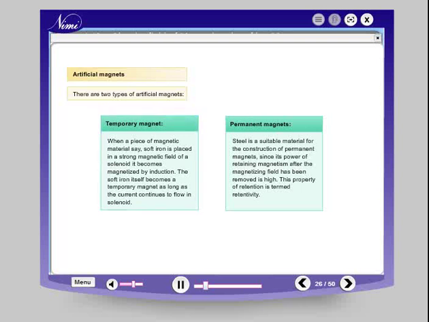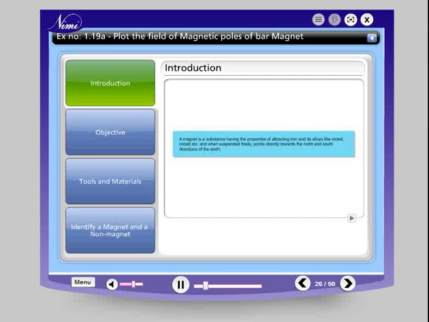The soft iron itself becomes a temporary magnet as long as the current continues to flow in solenoid. Permanent magnets. Steel is a suitable material for the construction of permanent magnets, since its power of retaining magnetism after the magnetizing field has been removed is high. This property of retention is termed retentivity.